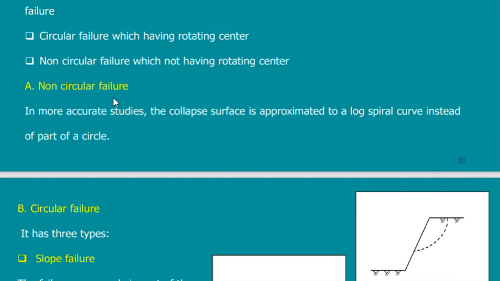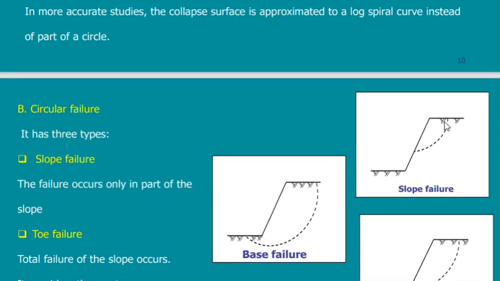This is the logic, because the exception is to have a circle. But who said it should be? Take a look at this. If I say that this will be the portion of the slope that will fail, this is my original slope. It is standing like this. Maybe in one case of loading, this portion of the slope will slide down.